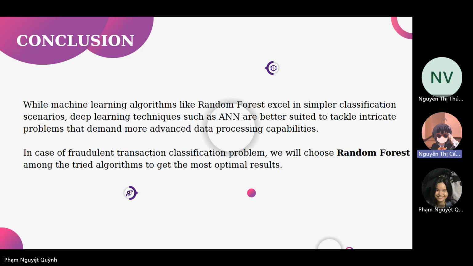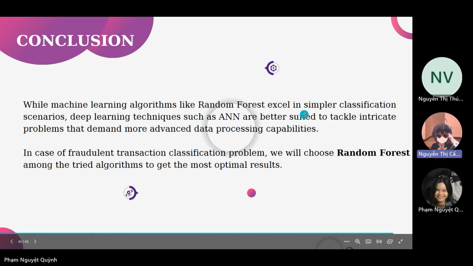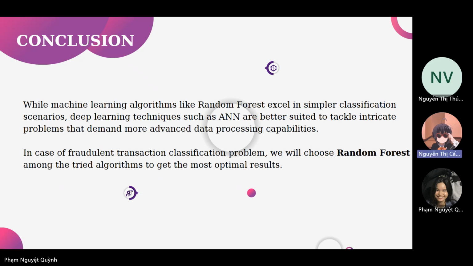Deep learning techniques such as ANN are better suited to tackle intricate problems that demand more advanced data processing capabilities. In the case of the fraudulent transactions classification problem, we will choose random forest among the three algorithms to get the most optimal result.